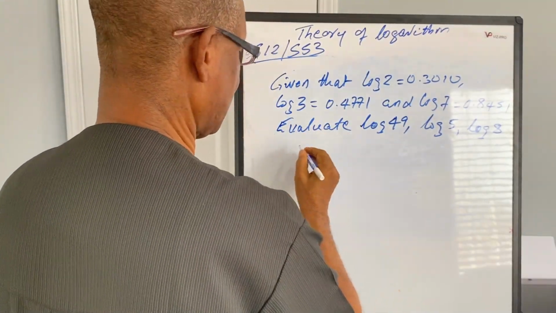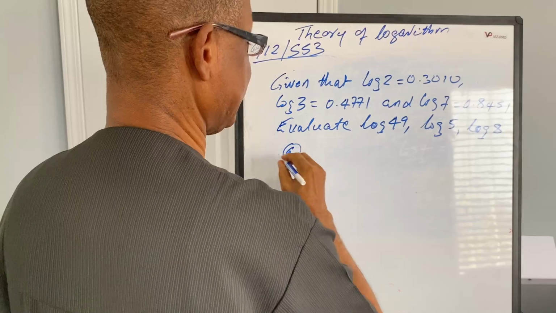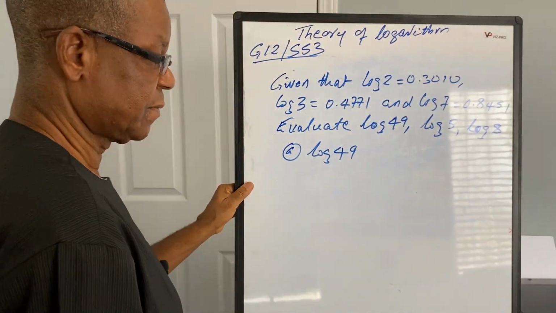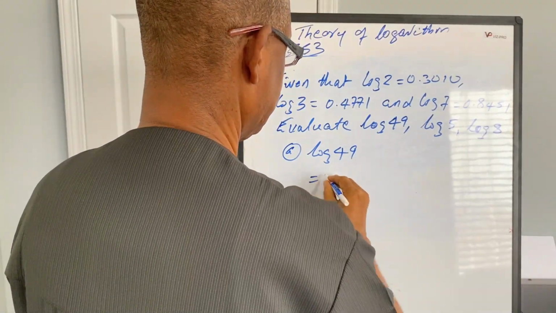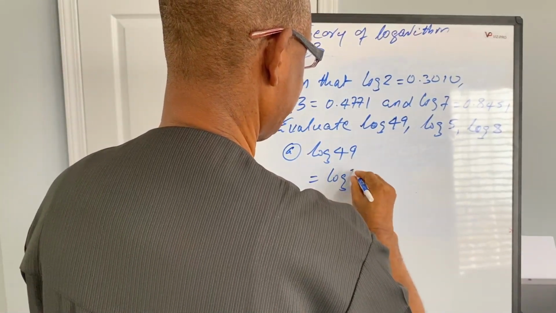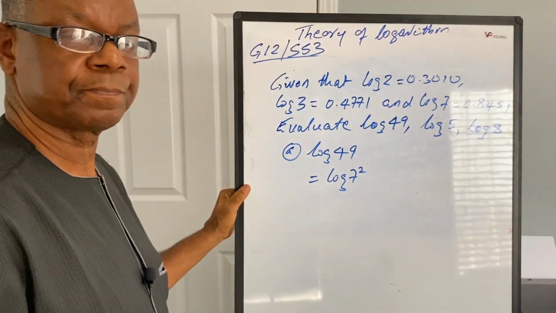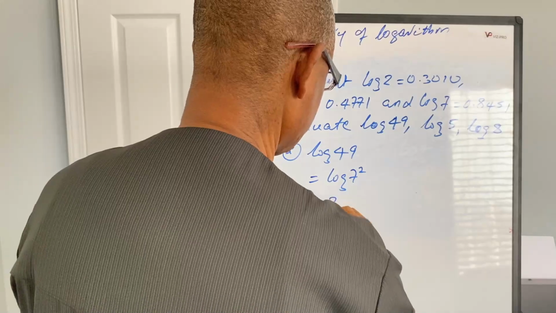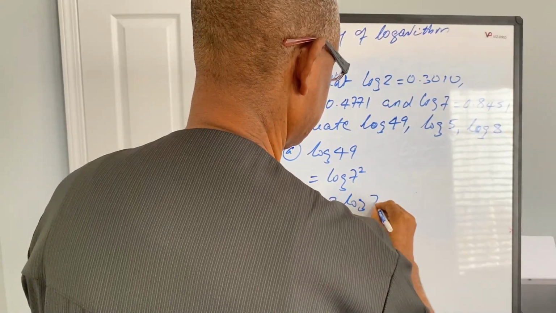For the first one, let's label it A, log 49. Log 49 is log 7 raised to power 2. And by the third law, this is 2 log 7.